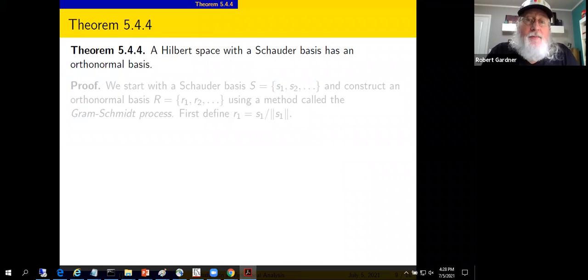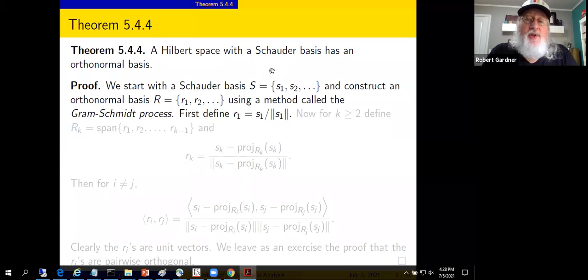Well, let's do that. A Schauder basis is a countable basis. So we'll start with a Schauder basis, and we'll construct an orthonormal basis from it, the same way you do in sophomore linear algebra. One of the little details is left as an exercise, but the manipulations are the same as sophomore linear algebra.